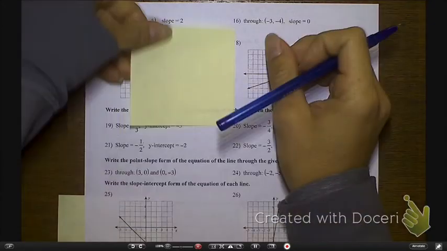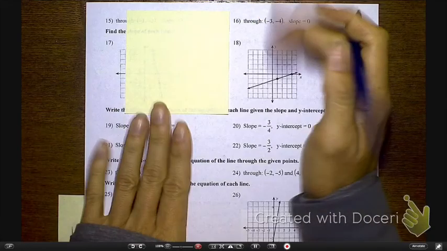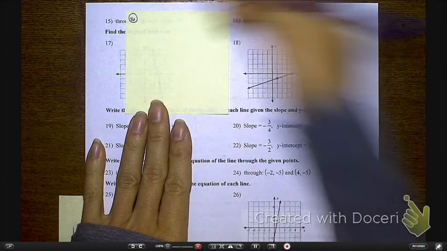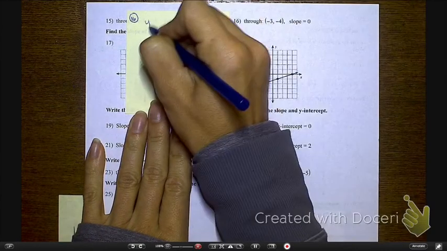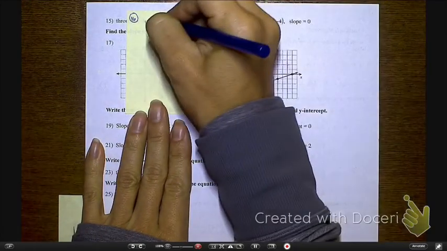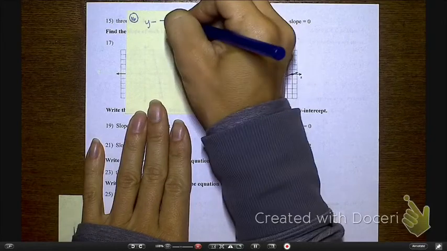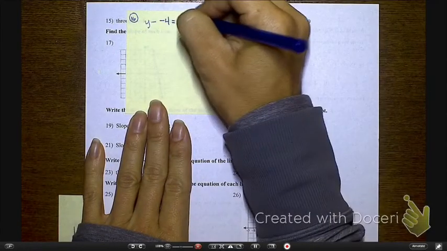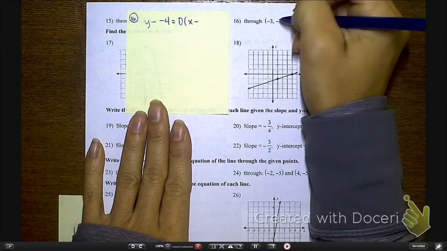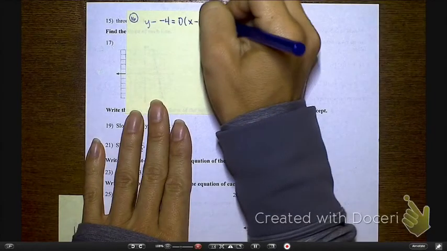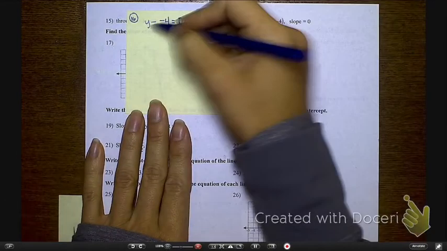Let's do number 16. Okay, so for number 16, we would get y minus -4 equals m, what was m? 0 times x minus -3. Okay, let's go ahead and rewrite this.